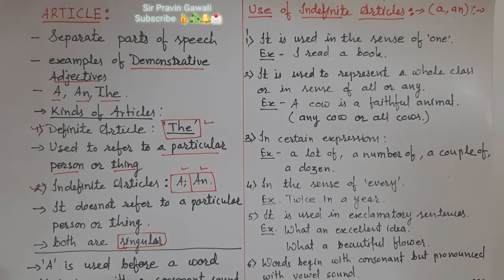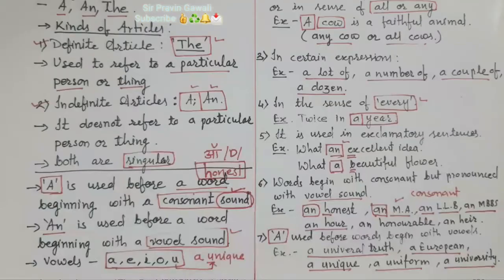Most of the time the article a is used before a word beginning with a consonant sound. Students, mind it that it says a consonant sound, not a letter. Okay student, whenever we pronounce it, it should begin with the consonant sound.